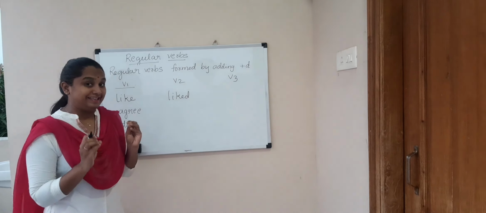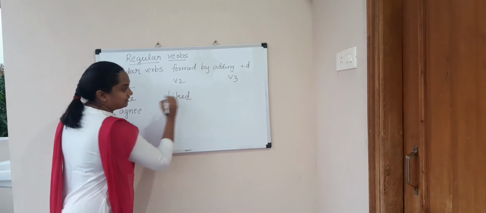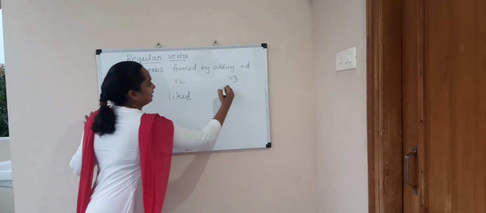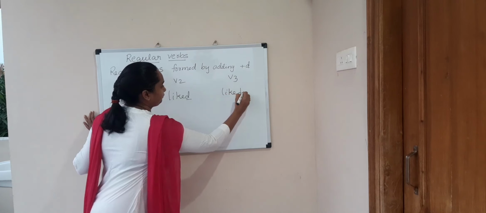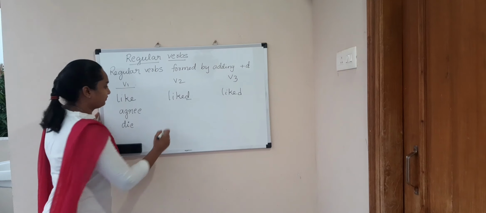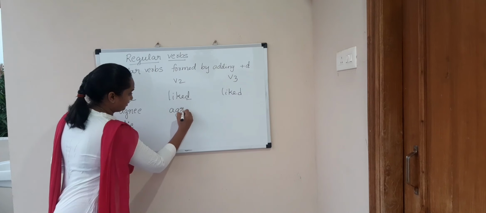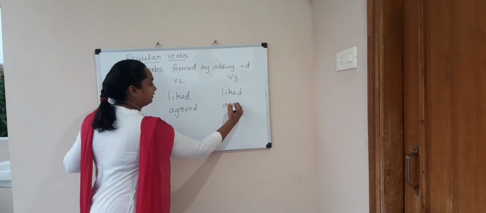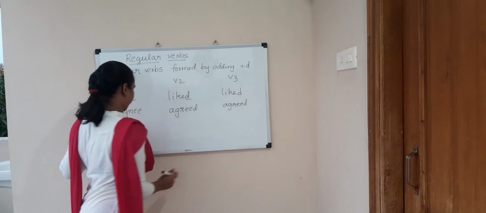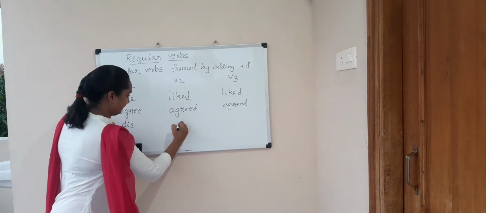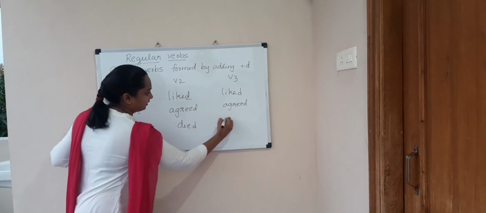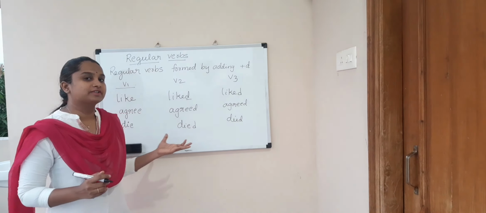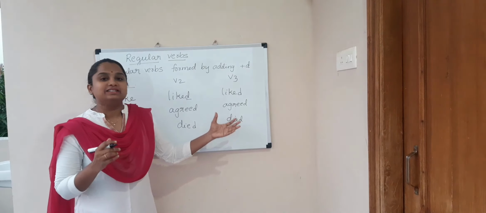We are not adding ed, we are just adding d. And past participle, liked. Agree, agreed, agreed. Die, died, died. So here we are following a fixed pattern by adding d.